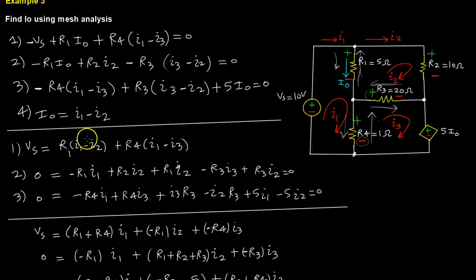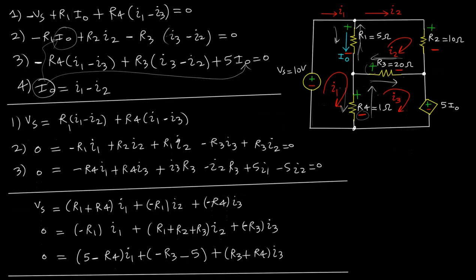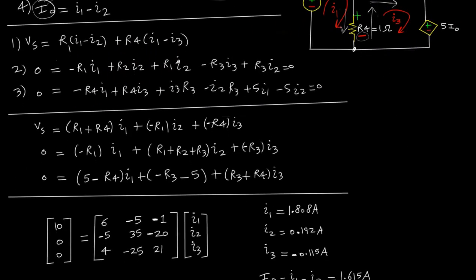The way I did that is I plugged in IO into this part of equation 3 and this part of equation 2. By double checking my signs and doing it very carefully, you can check your work against mine here and get to this equation, and then finally put that into a matrix form and add all of the values from the schematic into here.